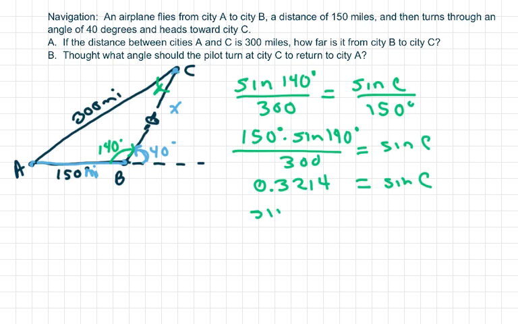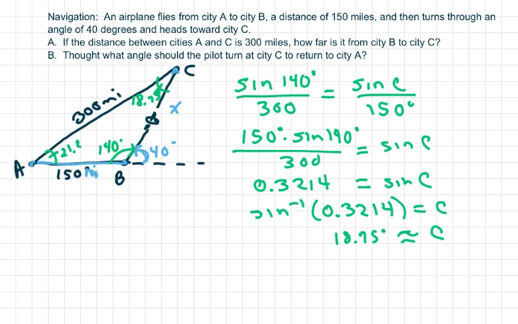So we're going to do the inverse sine of 0.3214 to get your C. So my C angle is approximately 18.75 degrees. Now, if this is 18.75 degrees, and this is 140, you subtract both of those from 180, and you're going to get 21.25. So all three of these angles should equal 180.